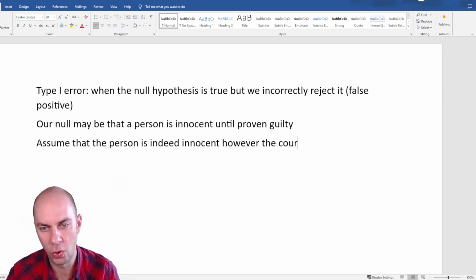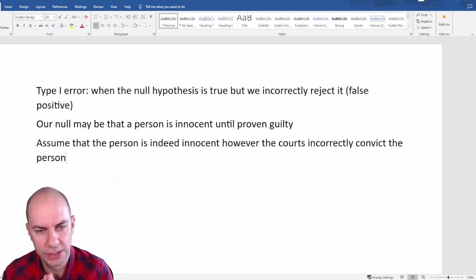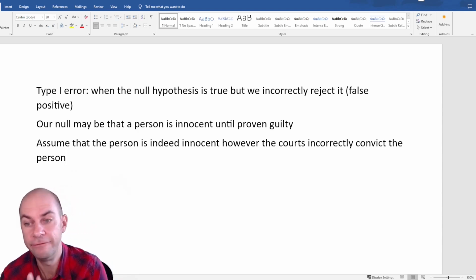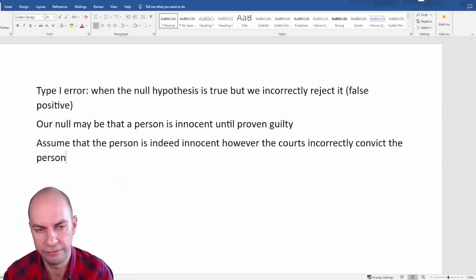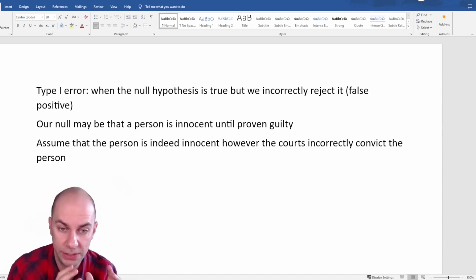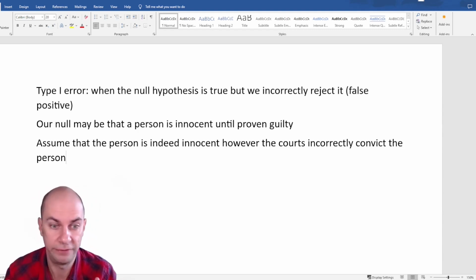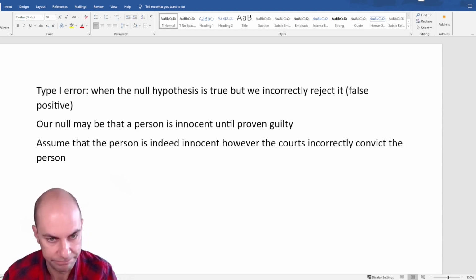However, the courts incorrectly convict the person. So that is a false positive because our null is the person's innocent. Then the person was indeed innocent, but the courts incorrectly convicted him. Okay, so that's a type 1 error.